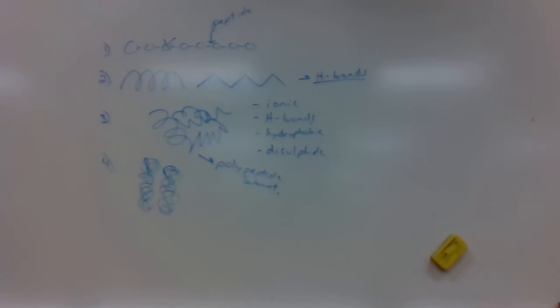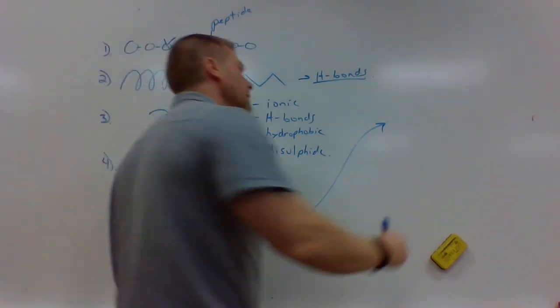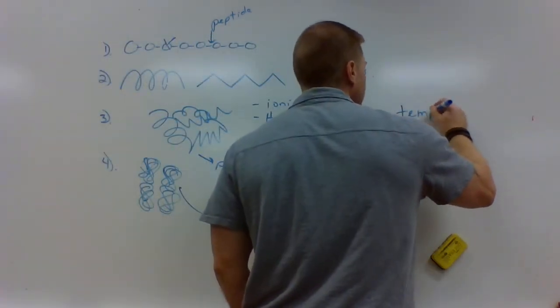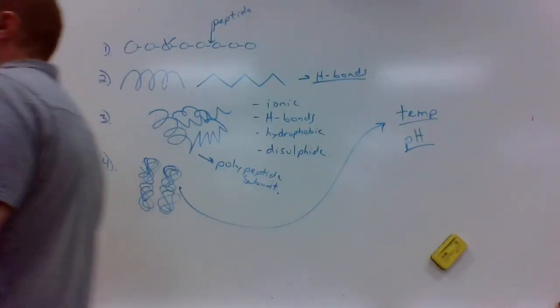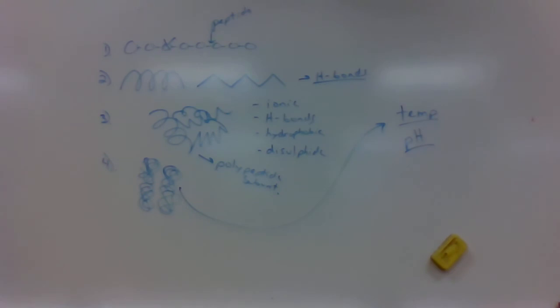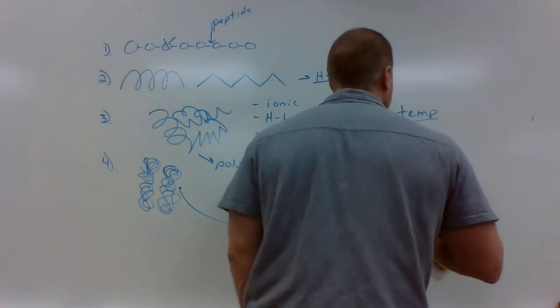There are two environmental factors that are going to affect the functioning of this protein. One is going to be temperature, and the other is going to be pH. Now, we're just introducing them now. We'll talk about them more when we talk about enzymes. But whenever you change the temperature that a protein is in, or you change the pH that a protein is in, you run the risk of denaturing the protein.